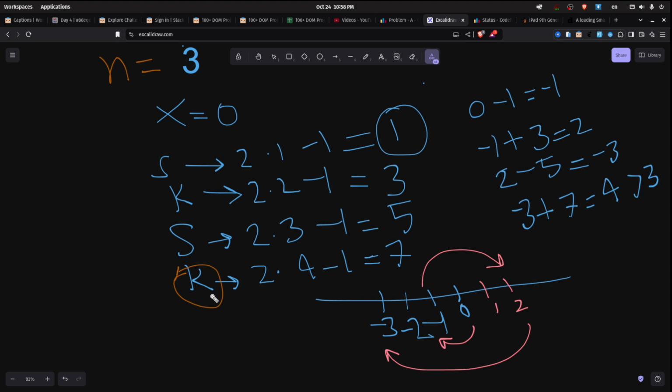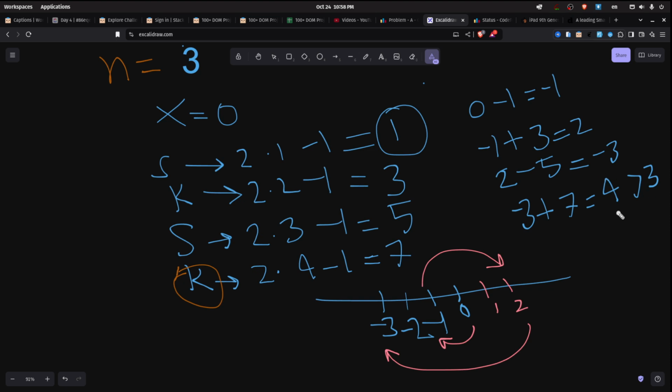And in the fourth iteration, the i value is 4, and the answer is 7. So minus 3 plus 7 is equal to 4, and this time 4 is greater than n. And when this result occurs, I have to stop because the game ends.